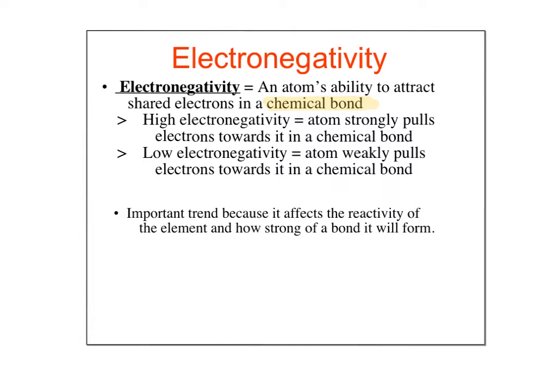So when I say that something has a high electronegativity, I'm talking about that atom pulling those shared electrons towards itself. A low electronegativity is an atom not pulling those shared electrons towards itself.